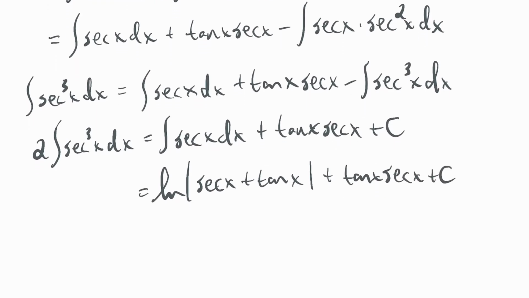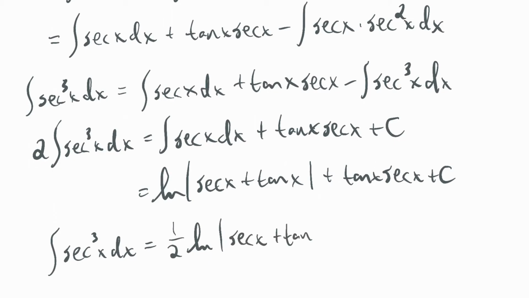Then if I divide both sides by 2, I get the integral of secant cubed x dx equals 1/2 ln of the absolute value of secant x plus tangent x plus secant, tangent. The order doesn't really matter, tangent times secant or secant times tangent. So tangent x secant x plus c. It's only in that order because that's what I got from the integration by parts, and I was maintaining the u v order.